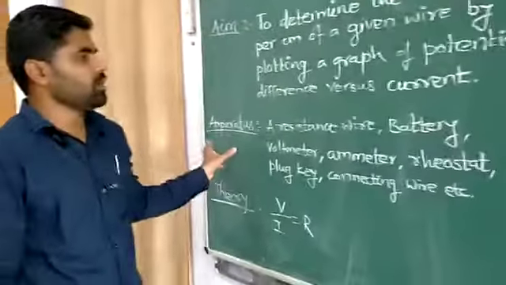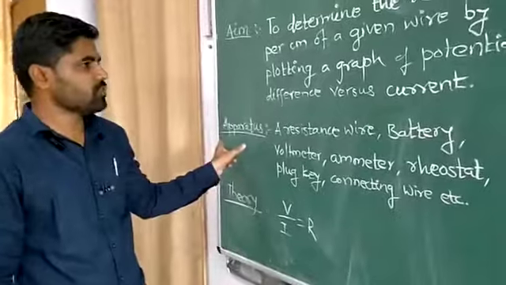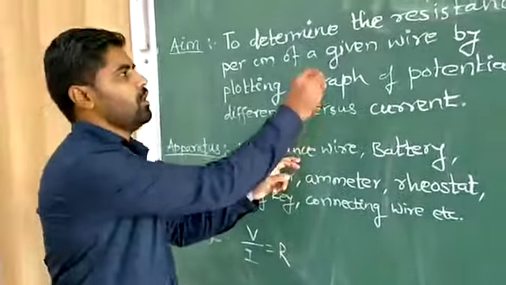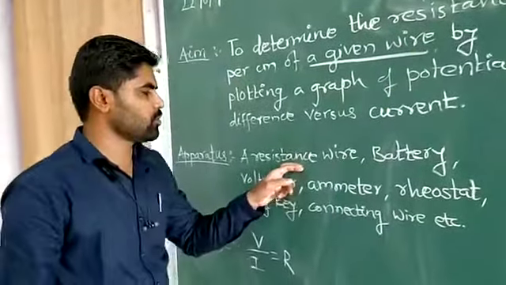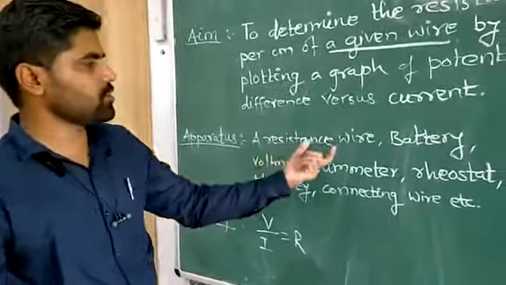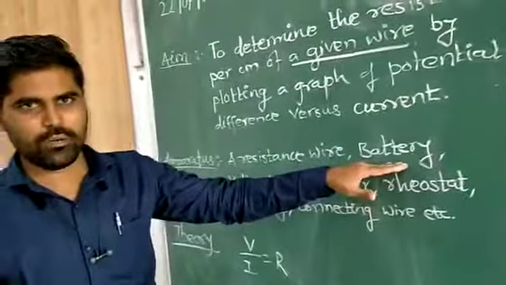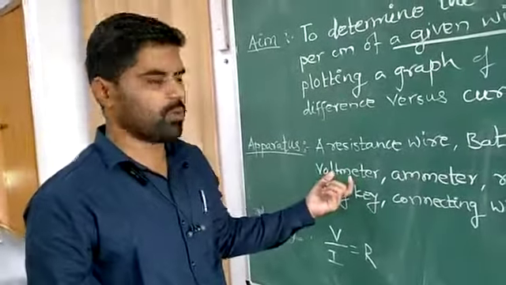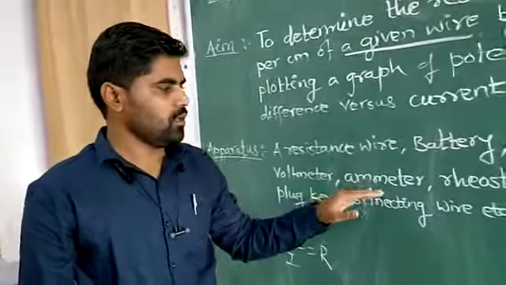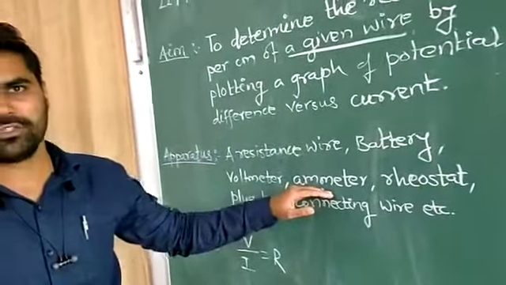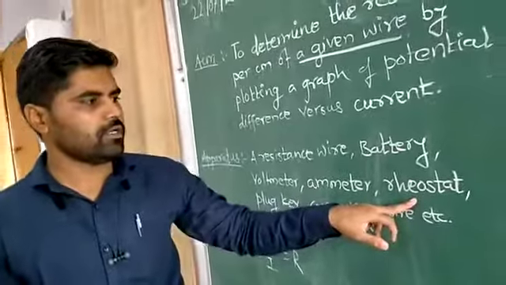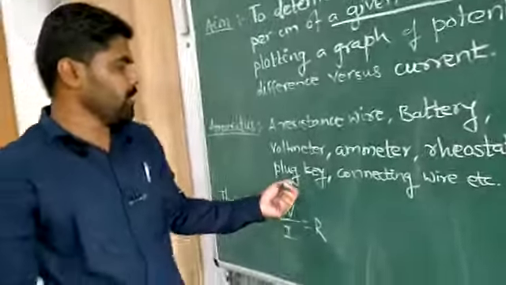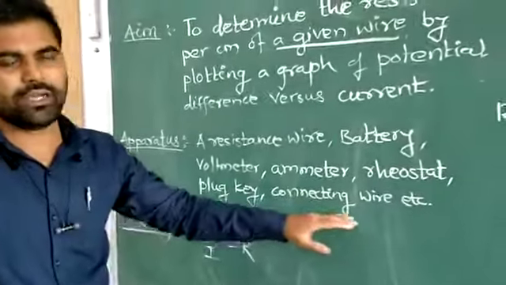The equipment required for this experiment are a resistance wire, which is the given wire, and we don't know its exact resistance; a battery eliminator or battery; a voltmeter, which measures potential difference; an ammeter, with the help of which we measure current; a rheostat, which is a variable resistance we can adjust; and a plug key and connecting wires.